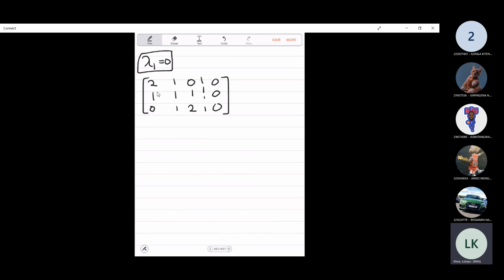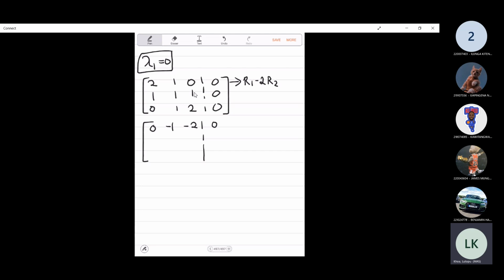We can make a 0 even here, why not? So we say that row 1 minus 2 times row 2. So this is 0. Then 1 minus 2 is minus 1. Then 0 minus 2 is minus 2.